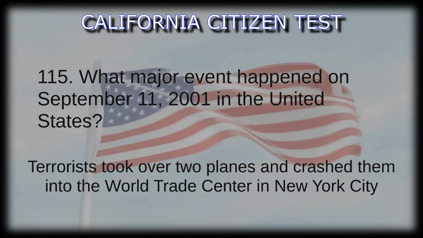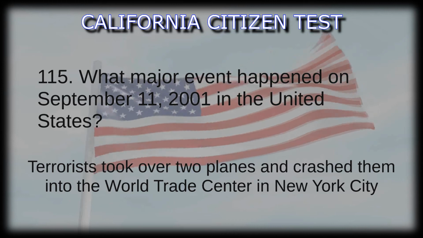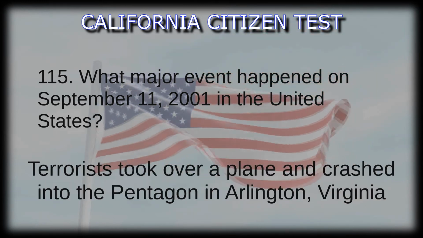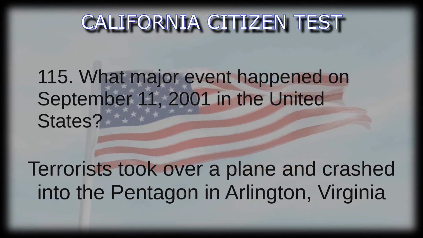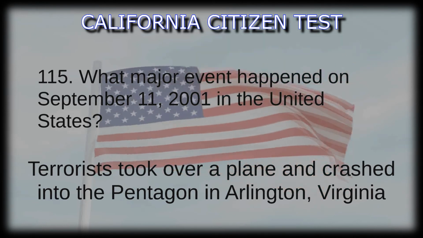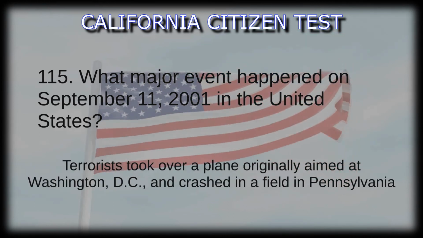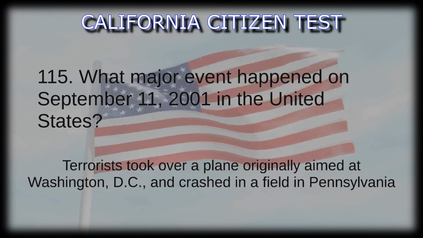Terrorists took over 2 planes and crashed them into the World Trade Center in New York City. Terrorists took over a plane and crashed into the Pentagon in Arlington, Virginia. Terrorists took over a plane originally aimed at Washington, D.C., and crashed in a field in Pennsylvania.